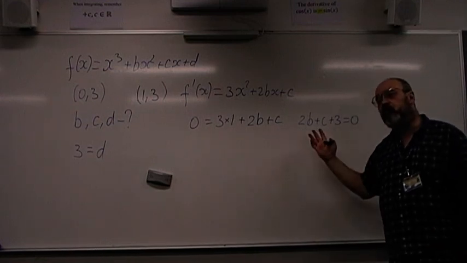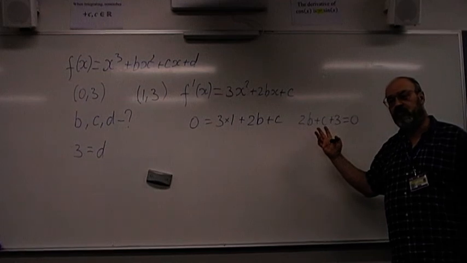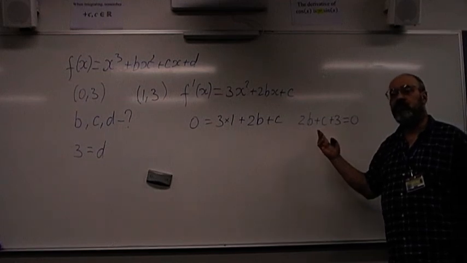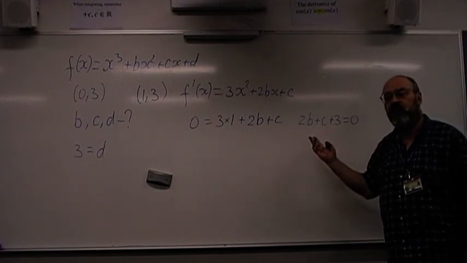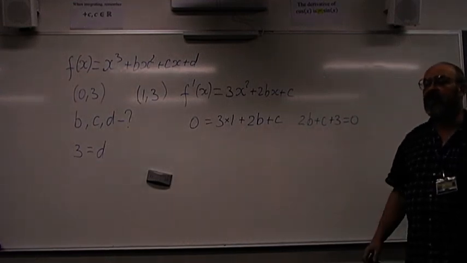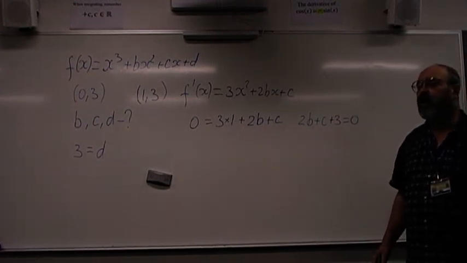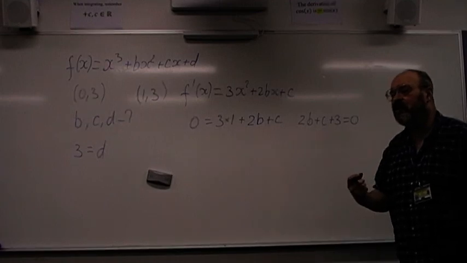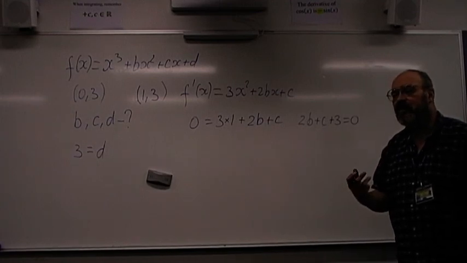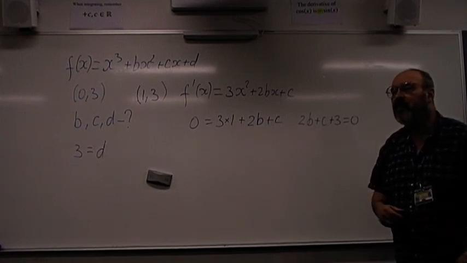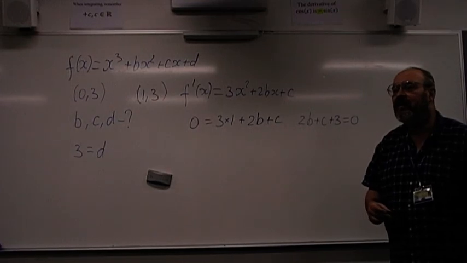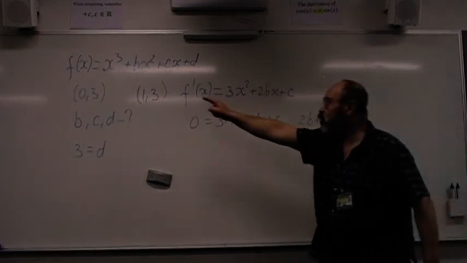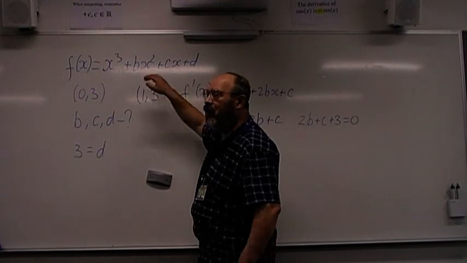But we have 2 unknowns and 1 equation. That's not enough to find them. How will we get the second equation? We substitute the point 1, 3 into the original function.